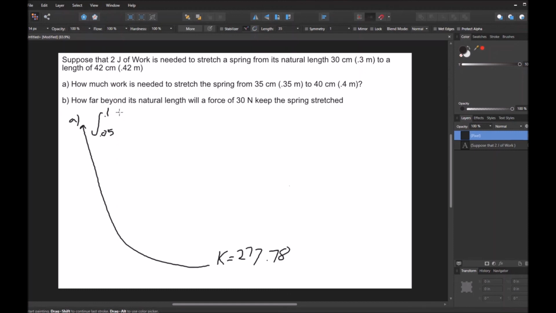And the reason for that is because our natural length is 30 centimeters, right? But it says that we're starting at 35 centimeters. So at the time of us stretching the spring, it's already been stretched 5 centimeters, or 0.05 meters. And we're stretching it to 40 centimeters. And 40 minus 30 is 10 centimeters, which is 0.1 meters.